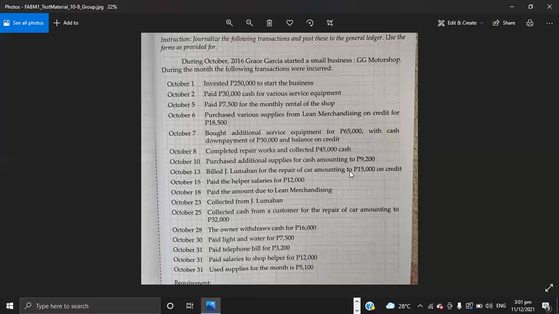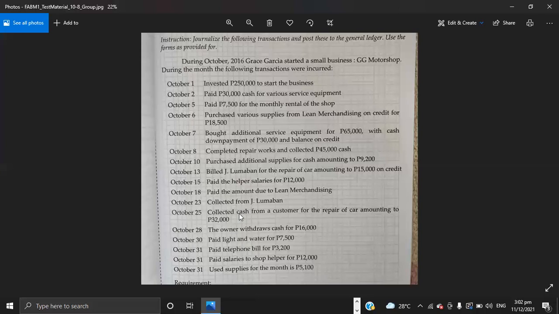Paid the helper salaries for 12,000. Paid the amount due to Lean Merchandising. So this is connected to the October 6, as you can see? Yes, that's connected. Collected from J. Lumaban. This is also connected to October 13. There, I'm giving clues already.